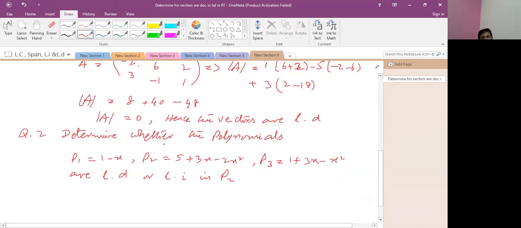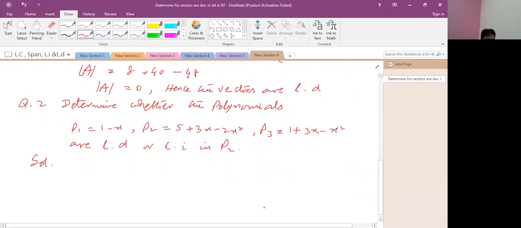So the question is: determine whether the polynomials P1, P2, P3, there are 3 polynomials, are linearly dependent or linearly independent in two-dimensional polynomials. So first we write the equation.